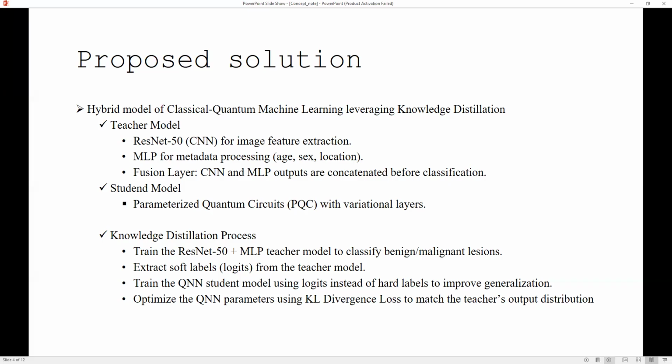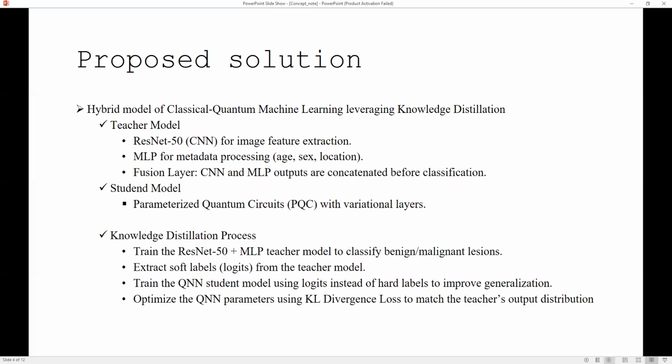Then for the knowledge distillation process, here we're trying to explain how it is done. There is a need of training on our image data and metadata using ResNet and multi-layer perceptrons.